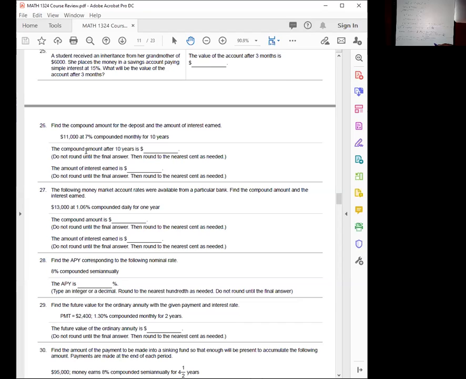N is monthly, so compounded monthly. N would be 12. I think we used M, right, in our notes. Try to remember. T is 12. So the future value is the compound amount.